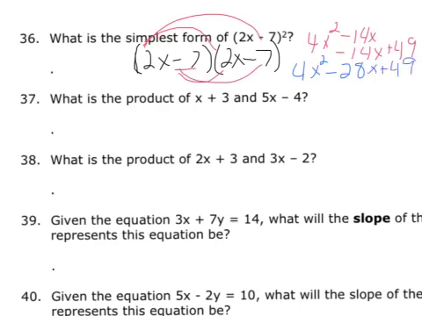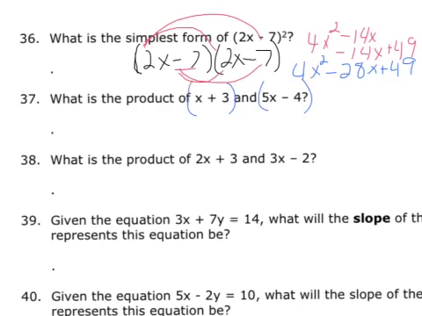37. What is the product of x plus 3 and 5x minus 4? So product means to multiply, so I'm going to multiply this times this, and we're just going to distribute like we did on the other problems.